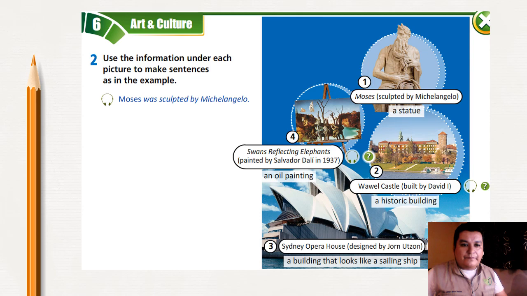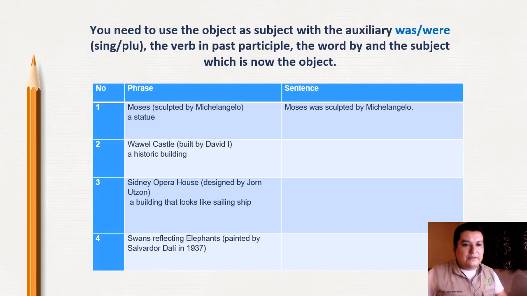In your document, you need to use the object as a subject with the auxiliary was or were, singular and plural, and the verb in past participle, the word by, and the subject, which is now the object.